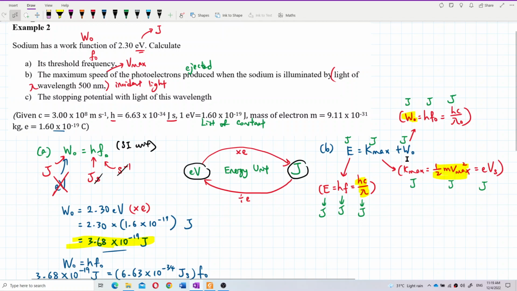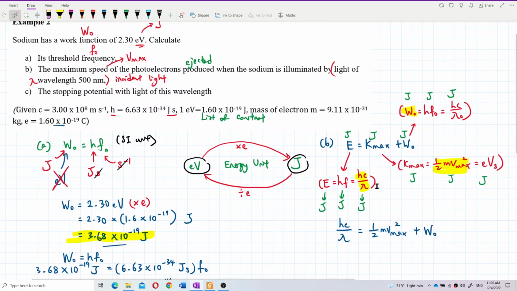So I can change this formula into hc over lambda equal to, because I want to find Vmax, I just change the Kmax into half mv max squared, and then plus work function. Just tailor it to our need.